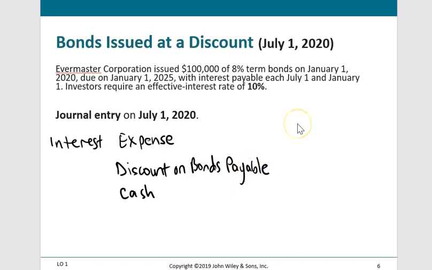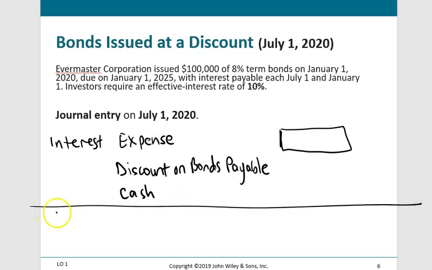Let's solve for interest expense. And remember, with the effective interest rate method, interest expense is going to be calculated differently than it was under the straight line method. I'll write some notes down here. So remember that interest expense, let me start off with the components of interest expense.